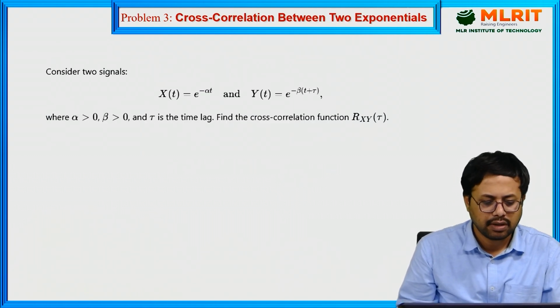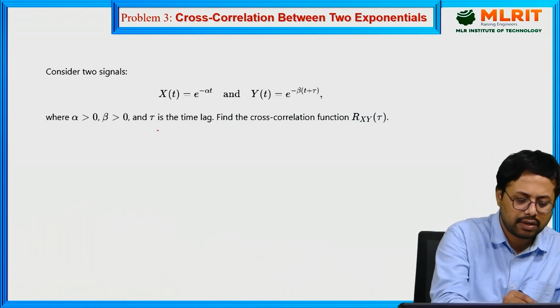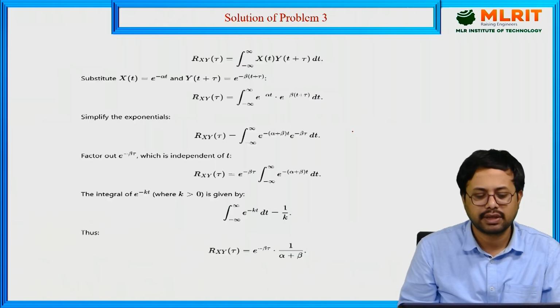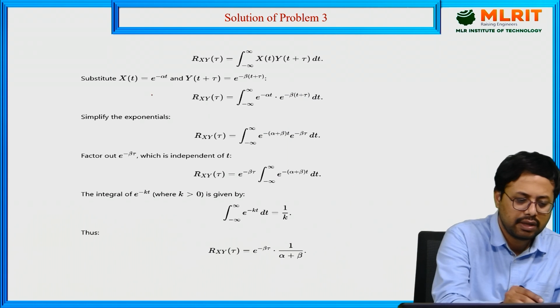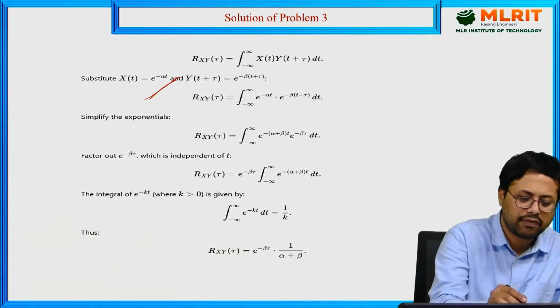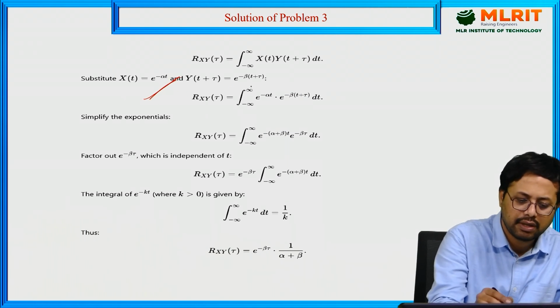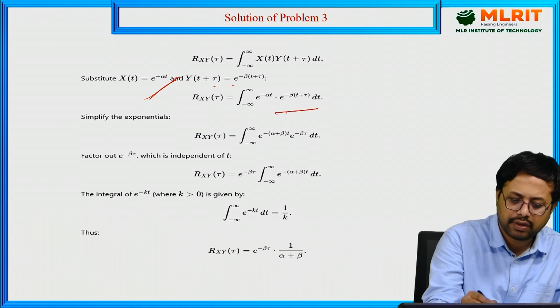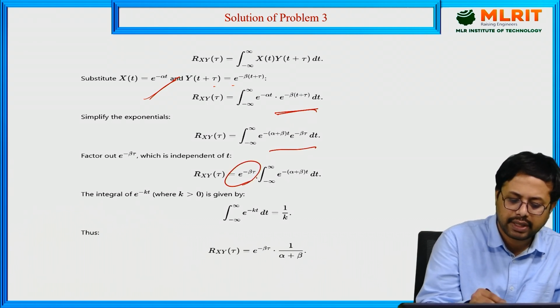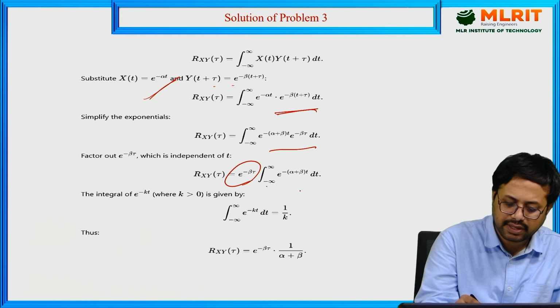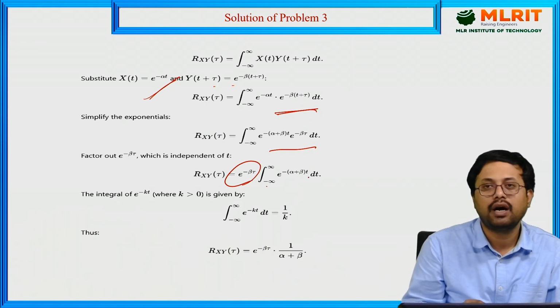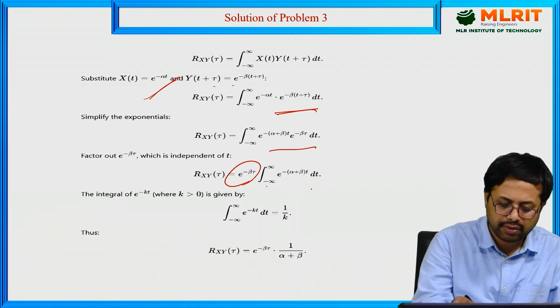Next, same thing, expectation. You can check the cross correlation function of that. The solution: x of t equal to e to the power minus alpha t, y of t with beta, you apply the product, then e to the power minus b tau is constant, take it outside, then the integration from minus infinity to infinity of e to the power minus (alpha plus beta) t dt.